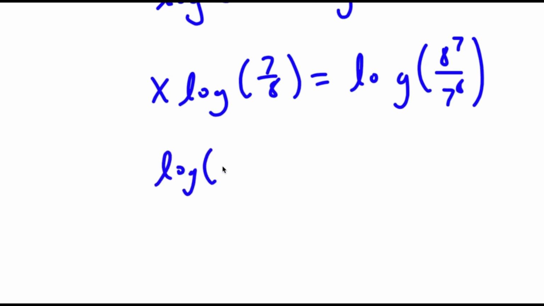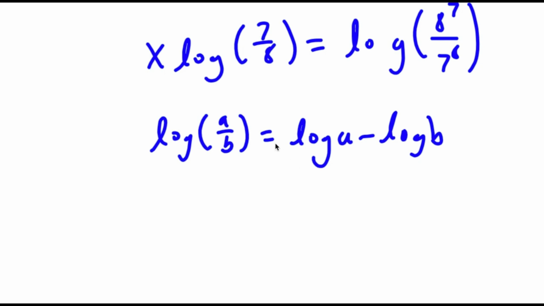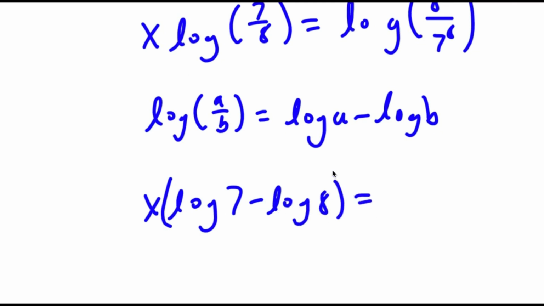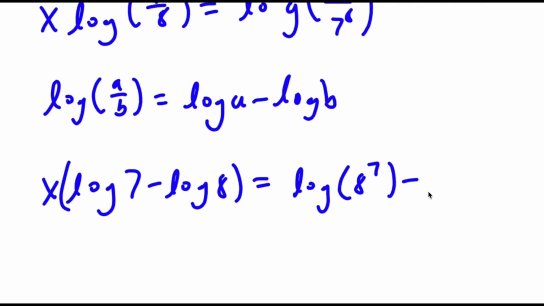Now log of a over b is equal to log a minus log b. So log of 7 over 8, that's going to equal log of 7 minus log 8, which is equal to log of 8 to the power of 7 minus log of 7 to the power of 8.